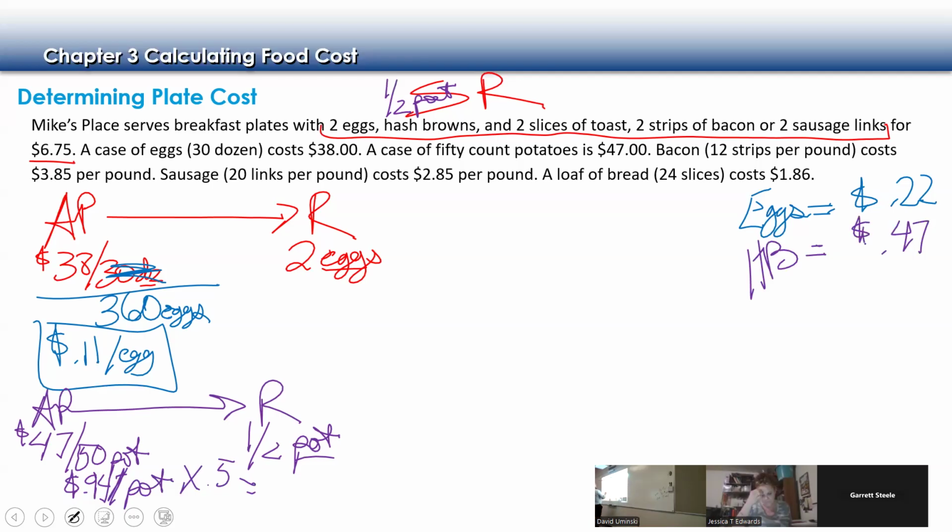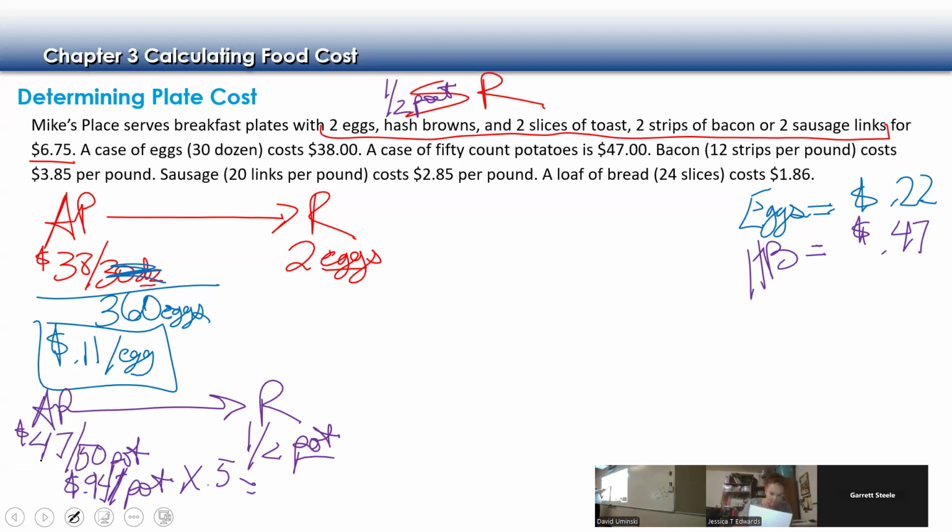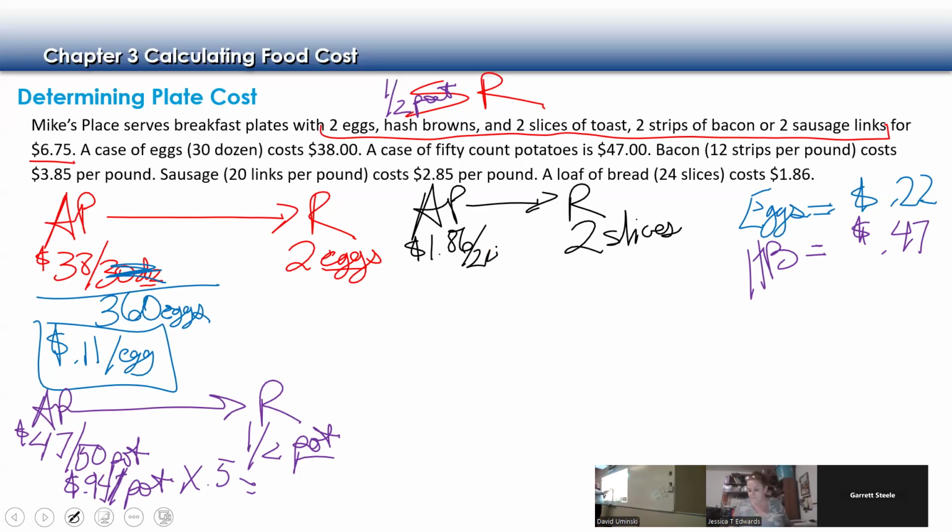Okay, what's next? Toast. Okay, AP to recipe is toast. 2 slices. A loaf of bread is $1.86, divided by 24 slices.